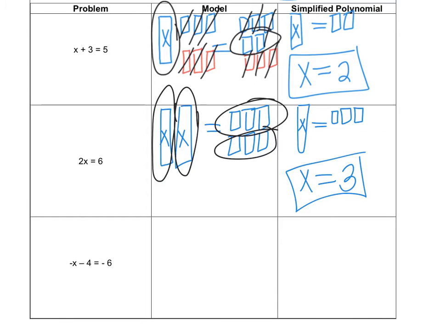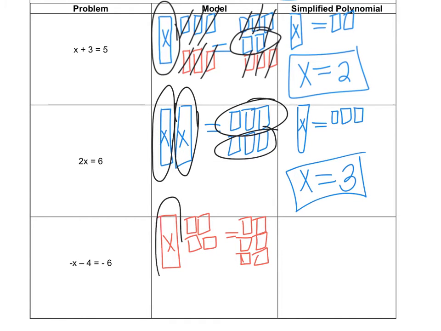Alright, last example with Algebra Tiles. This time we have a negative x and 4 negative 1s equals 6 negative 1s. Okay, my same goal is to get x by itself so I can figure out what it equals.